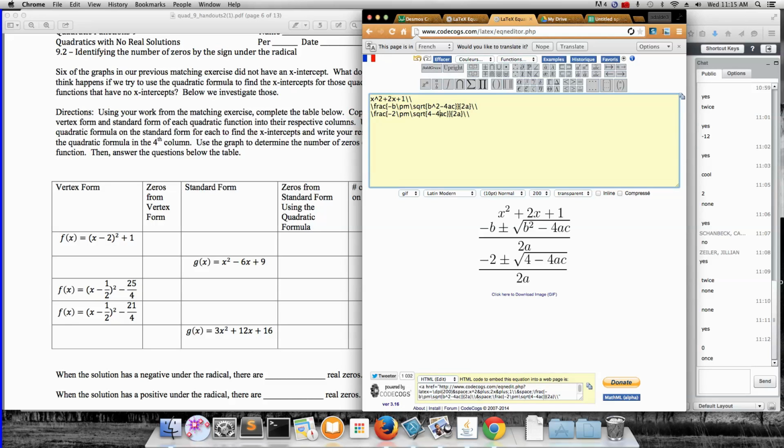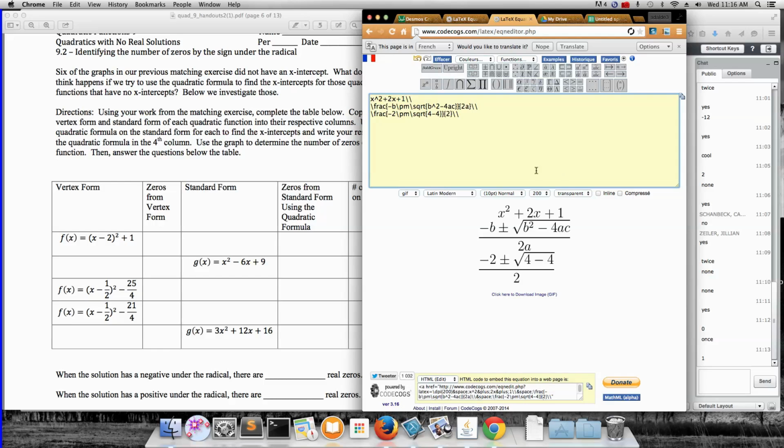Now what are a and c? In this equation, x squared plus 2x plus 1, a and c are 1. So what is 4 times 1 times 1? Well, that's just 4. I'll divide it by 2a, and a is 1, so I can just get rid of the a. Are we cool with that? All I did was plug in the numbers.